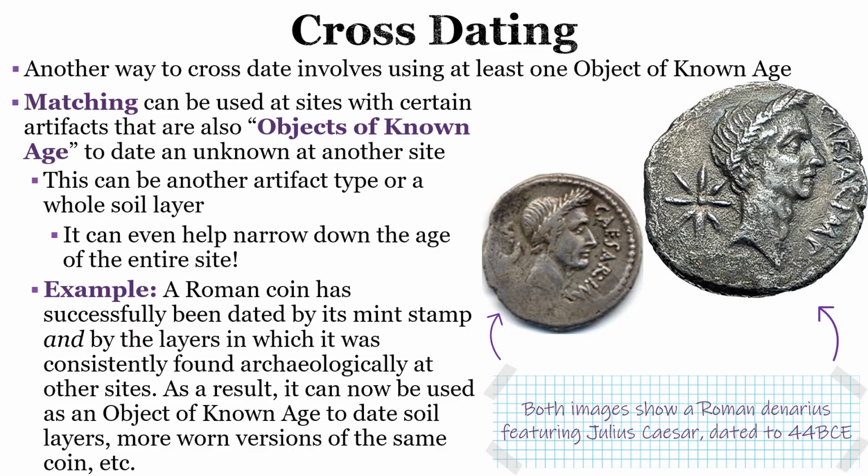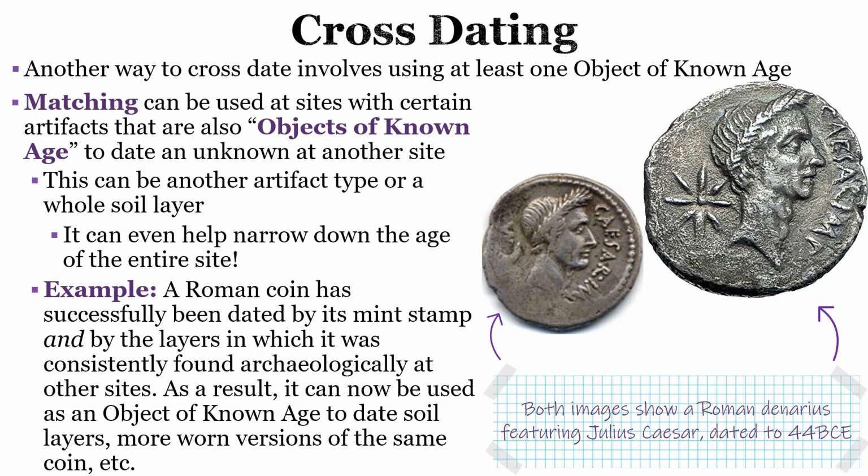And we can start using the law of association too, where if we keep finding this coin with certain objects in that layer, then we can realize, hey, around 44 BCE or later, they're using this kind of ceramic. And if we keep seeing that kind of ceramic in the layer above the old ceramic, now we're really starting to lock it in.